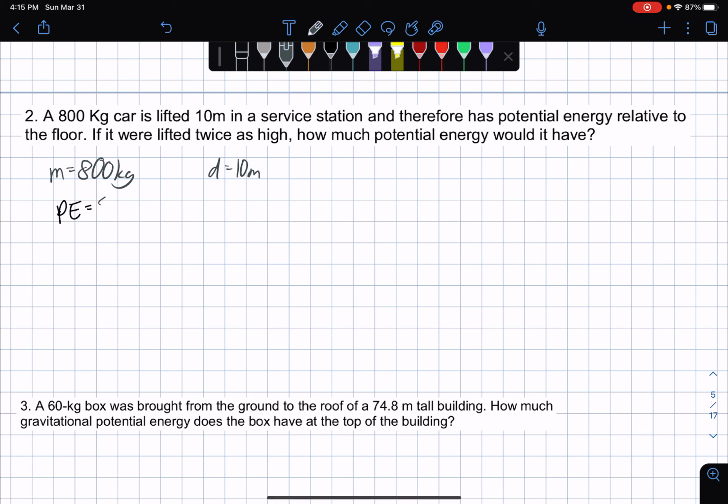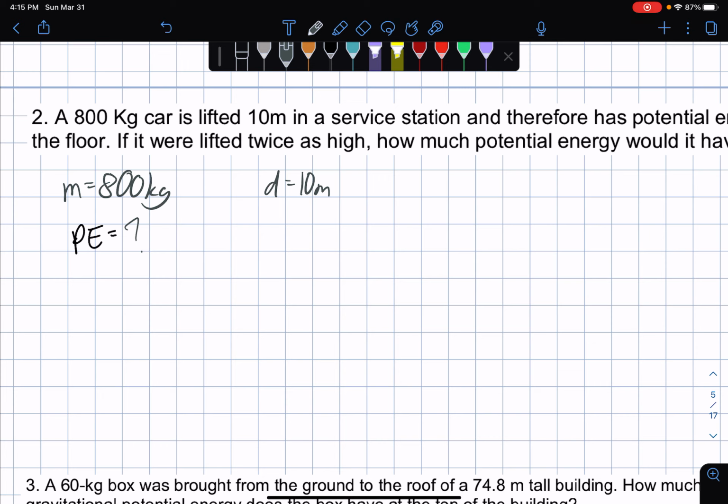We do have the mass. Let me rewrite the formula for PE. So we put 800, 9.8, and the height, which is 10 meters. So 800 times 9.8 times, wait.